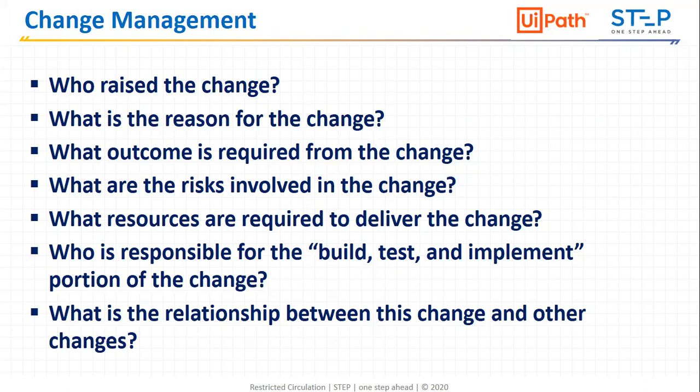Just to take one example, fund transfer in the banking industry: if any change related to fund transfer, or any FT, happens, that will impact the entire workflow of the particular NEFT. So what are the risks involved in that? We need to identify that risk, and we need to be ready with risk mitigation. That is very important while doing the change.